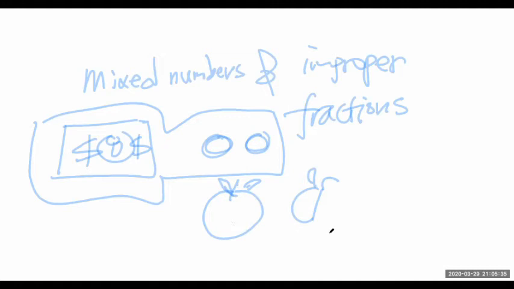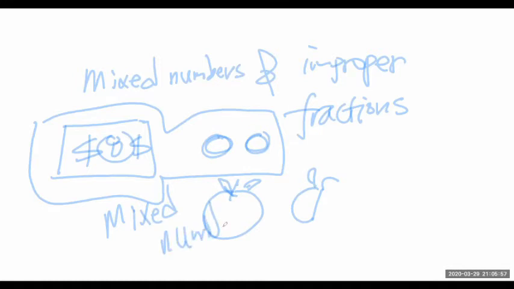This is also called mixed, right? You get a whole, this is a whole, and this is 1/4, this is another quarter, which is 1/4 of a dollar. Then you got one apple and a half. So those are called mixed numbers.